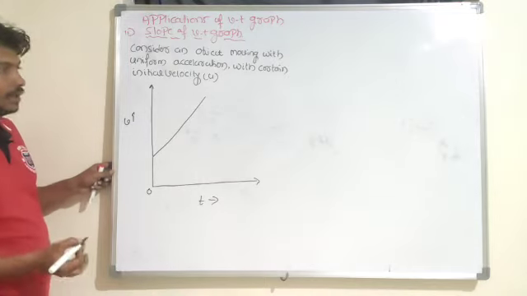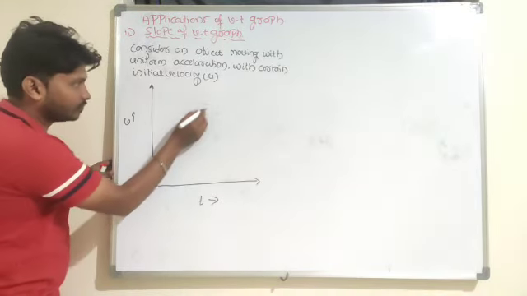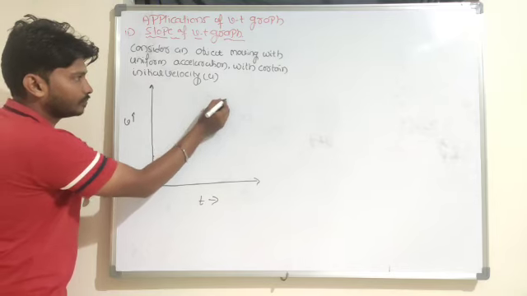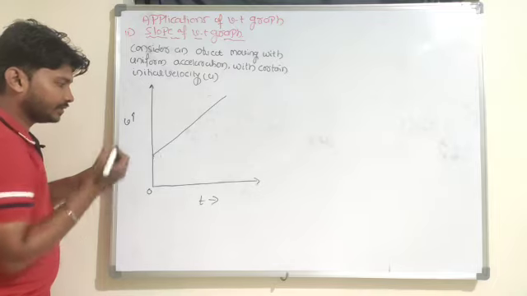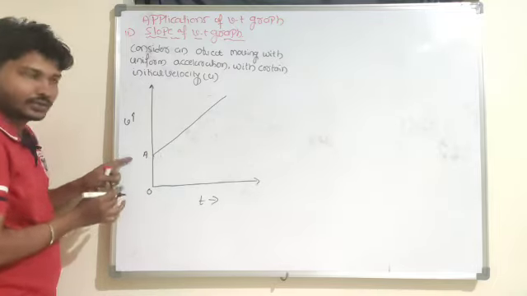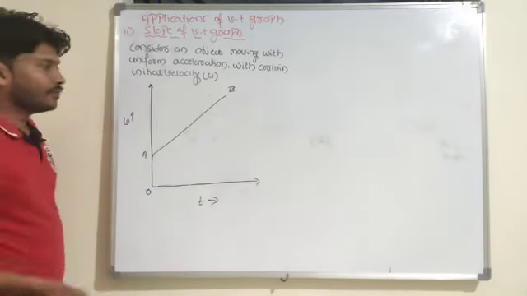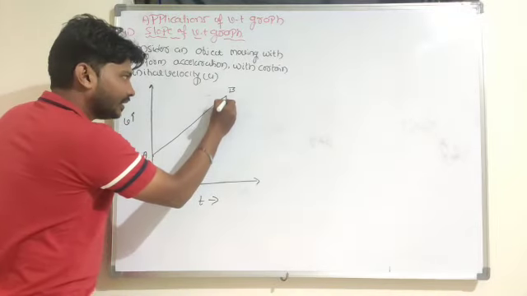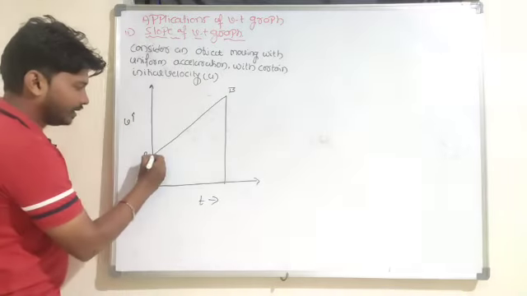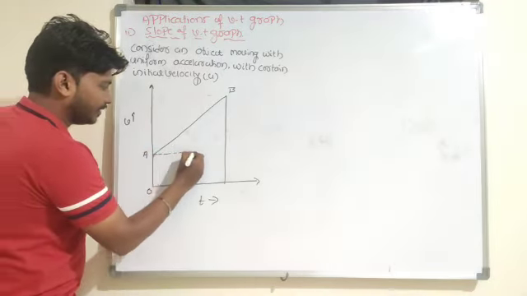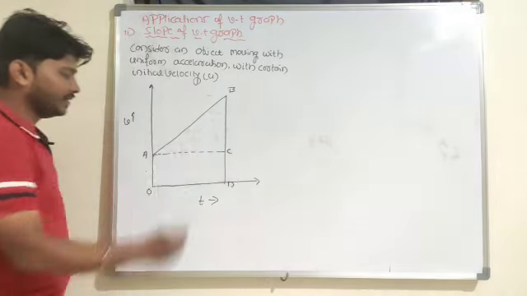So this is the situation. This is point A, the initial velocity, A to B. B is the final velocity. For my convenience, I will make the x-intercept here. Here I will draw one perpendicular line. This point is C and this point is D here.